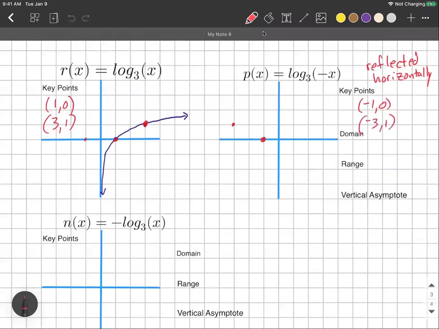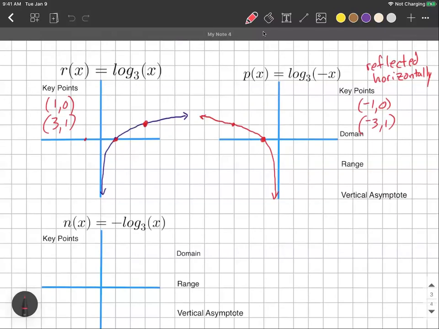The rest of the graph also jumps all the way across, so it's now just going to be on the left-hand side of the y-axis, and it should look like a mirror image to the original log base 3 of x graph.